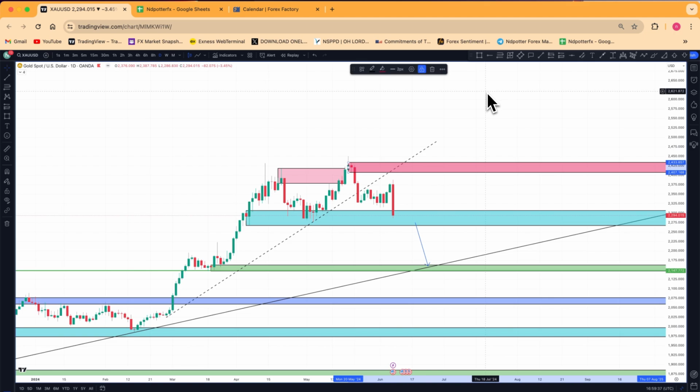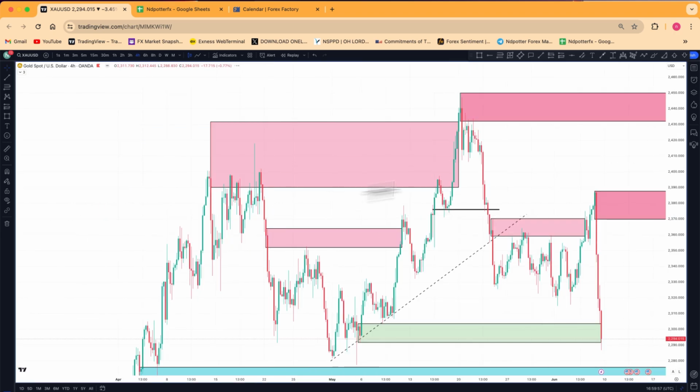That's what I'm expecting on GBPJPY, because it is still very bullish. Forget this profit taking here. I'm expecting once this profit taking is done, probably around here, to start seeing them act back on their long position for this market to take off again. That's what I'm expecting on it.